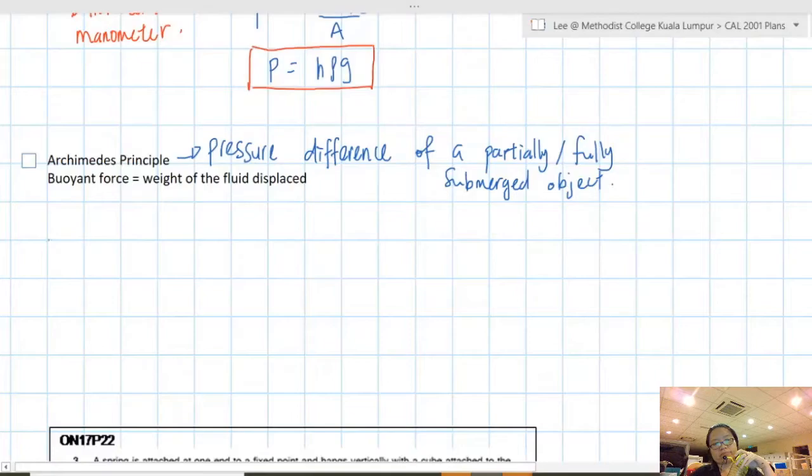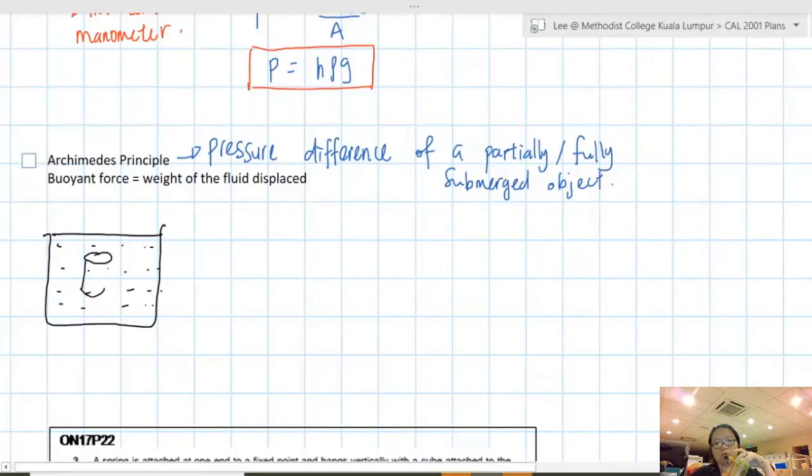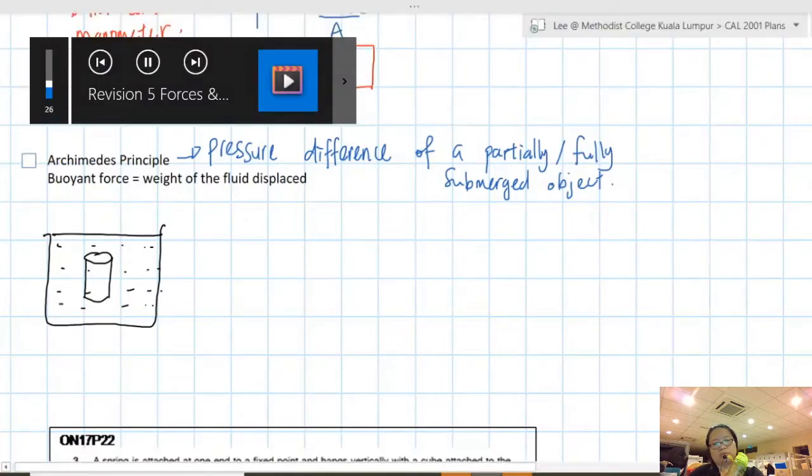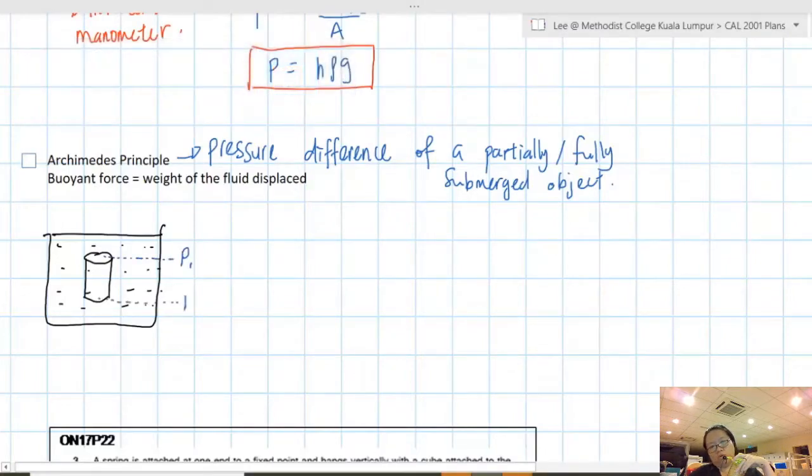So the proof for this is fast enough, so I can do it for you in a few minutes. But let's say you have an object that is submerged inside water. Because it is submerged inside water, there's a pressure difference from the top of your object and the bottom.